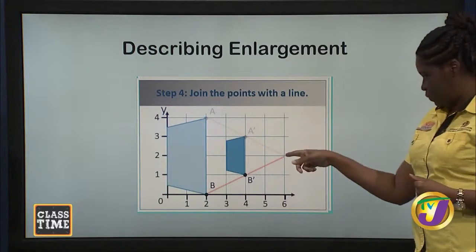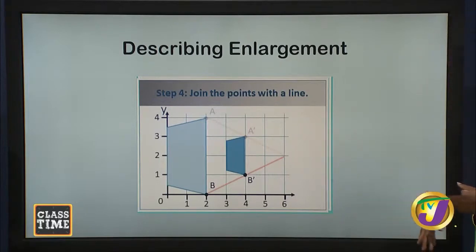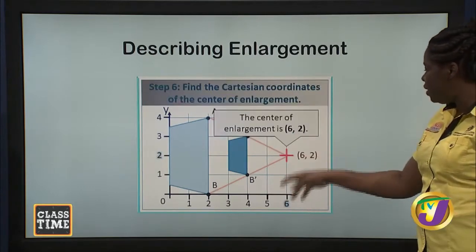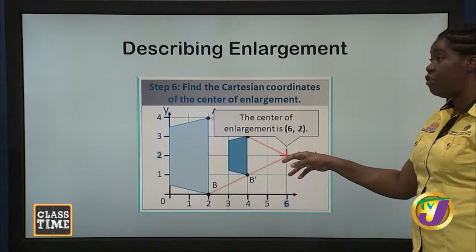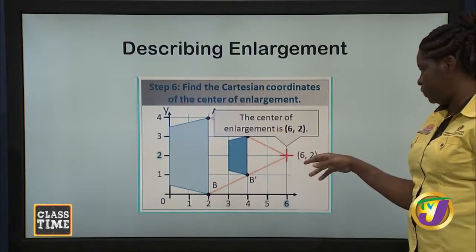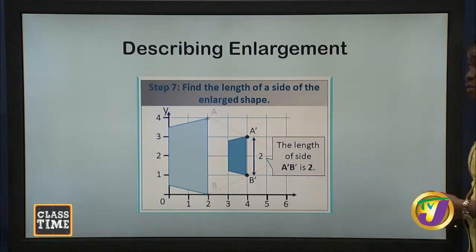Wherever these two line segments meet, that's where you have your center of enlargement. So at this point, 6, 2, this is where the center of enlargement would be. Awesome. So we have our center of enlargement.